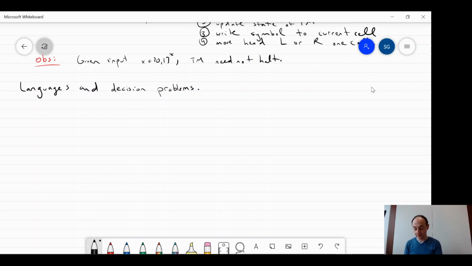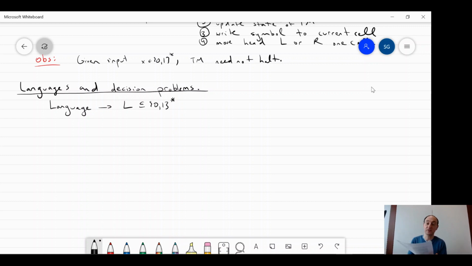Let me remind you how we define a language. It's just going to be a subset L of all strings. There's no particular fixed size of these strings a priori. They're all finite length strings. By definition, a string is finite length. But there's no upper bound on the size of strings that can appear in L.